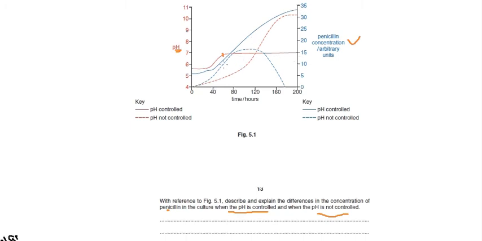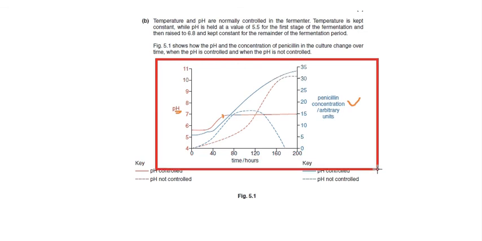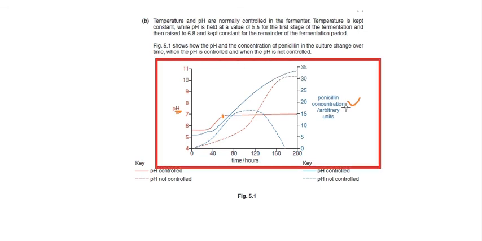But in this case the pH is not constant. The pH keeps on increasing, and as it does, the concentration starts to decline. This is a very cool graph actually. If you get it properly, you will see the connection between these two variables. It's like a game. I hope you enjoy this graph if you do it yourself.